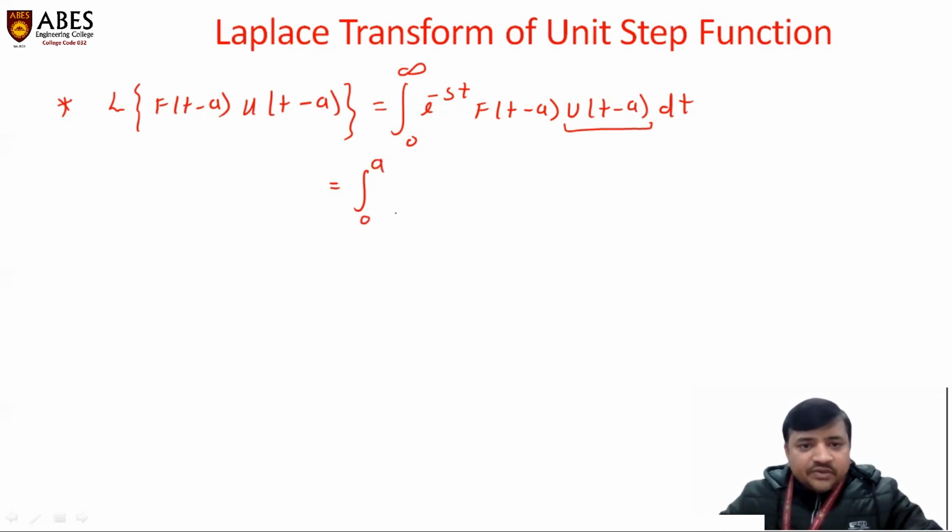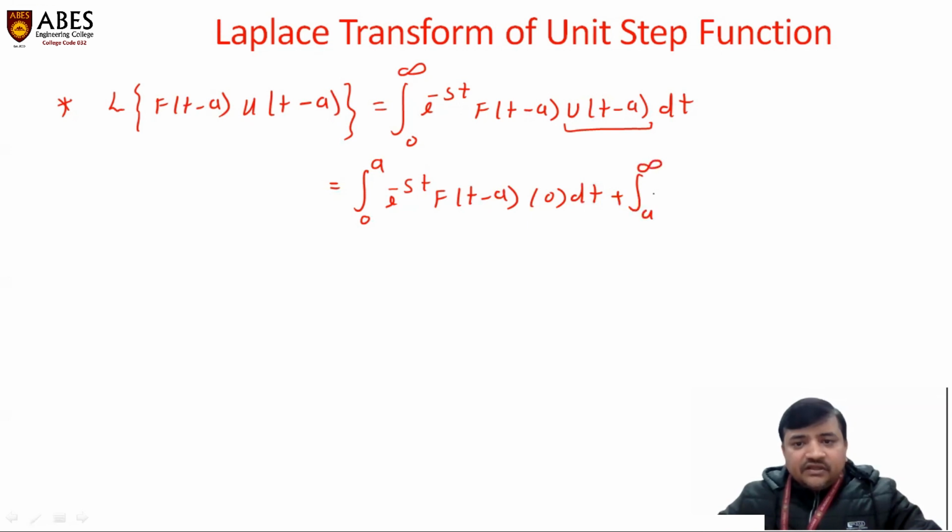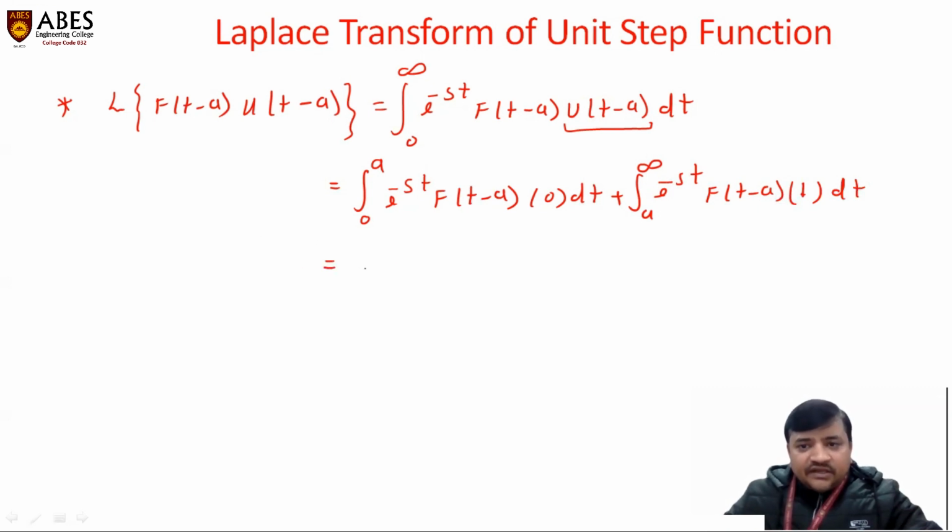The one will be from 0 to a e to the power minus st f(t minus a), and the value of u(t minus a) in the interval 0 to a will be 0, plus integral a to infinity e to the power minus st f(t minus a). The value will be 1 in this interval, and we'll be getting integral a to infinity e to the power minus st f(t minus a) dt.